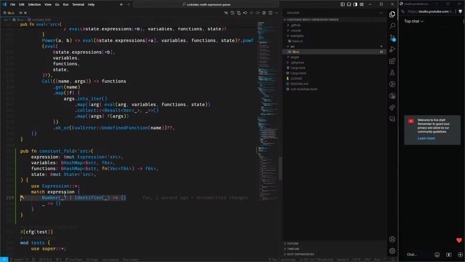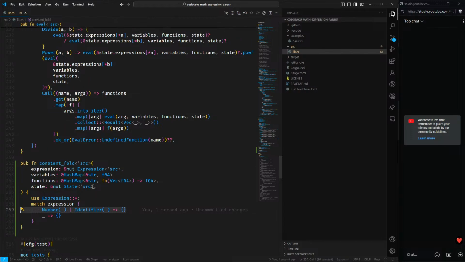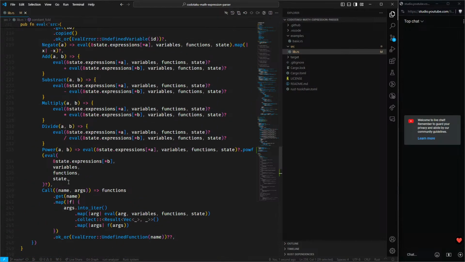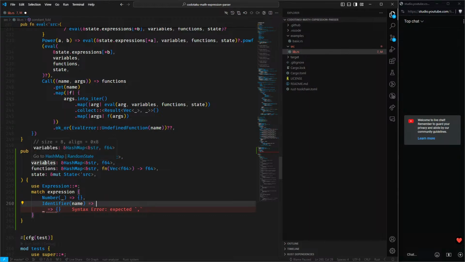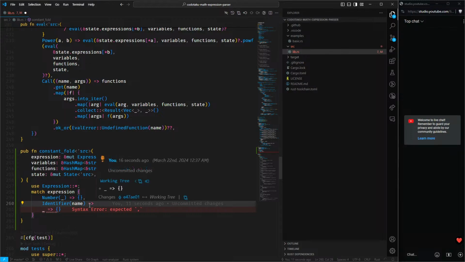That's the base case. So we just return from the function, we're done. Cool, but in my case, I'm gonna go even further, and instead of returning in terms of identifier, I'm not gonna give up there, honestly. I'm gonna take my name of identifier and check, in this ConstantFold function, whether the user defined that variable for us. If they did, then we can turn it into a number so we can optimize even further.